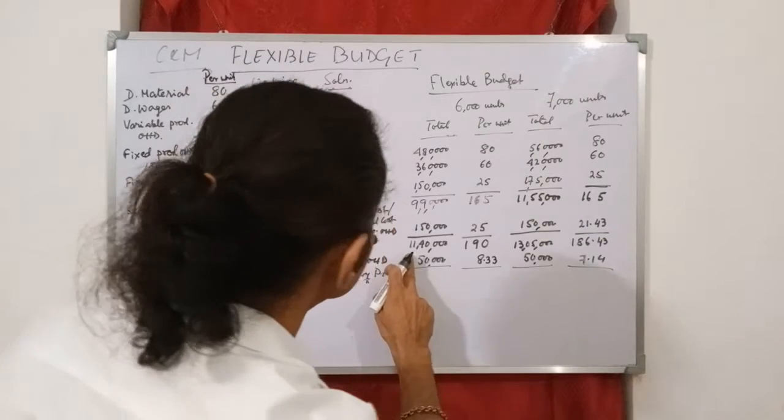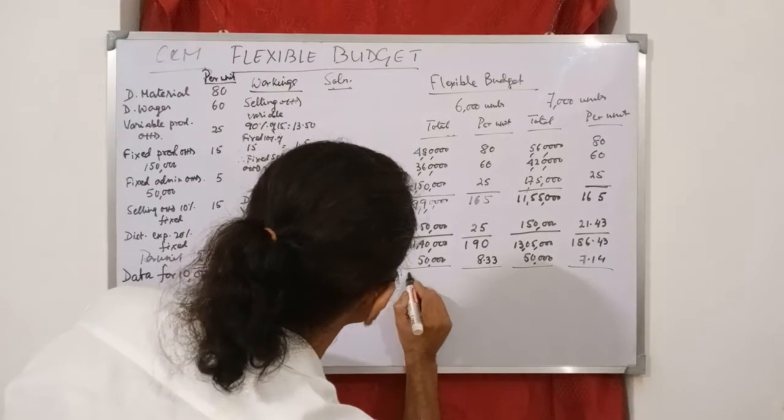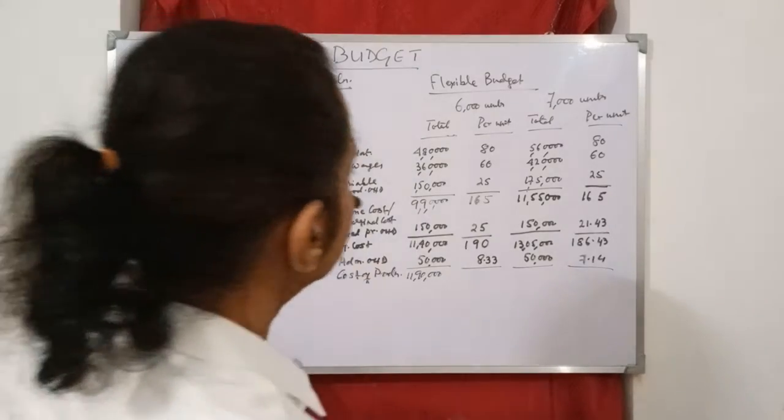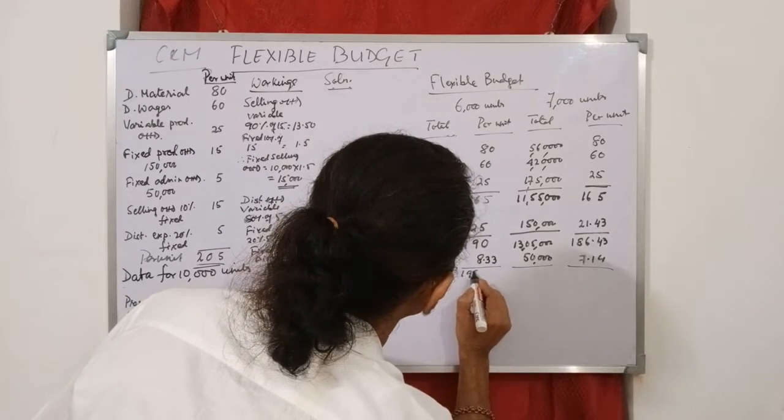So 1,140,000 plus 50,000 gives 1,190,000, and here 198.33.